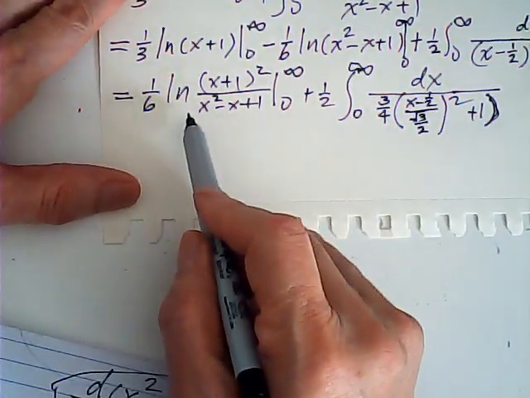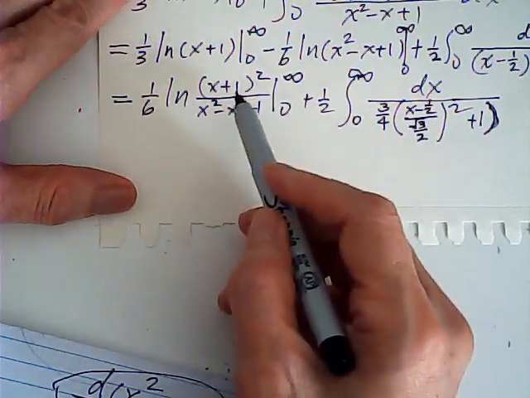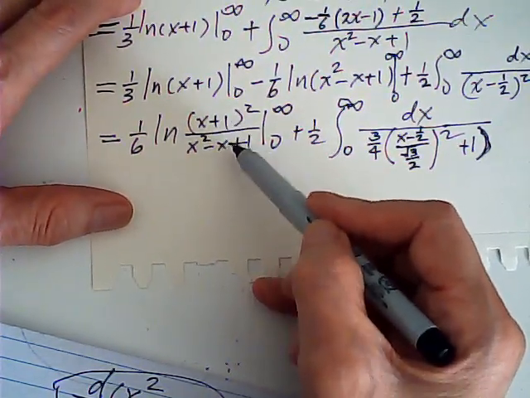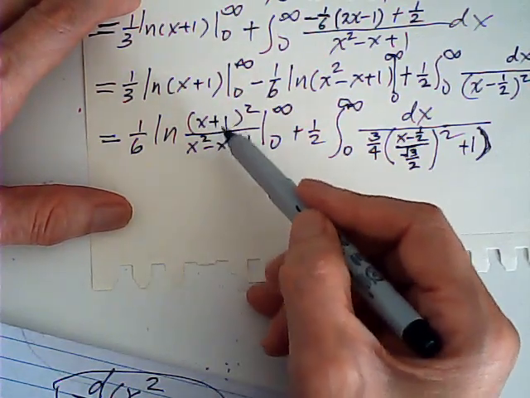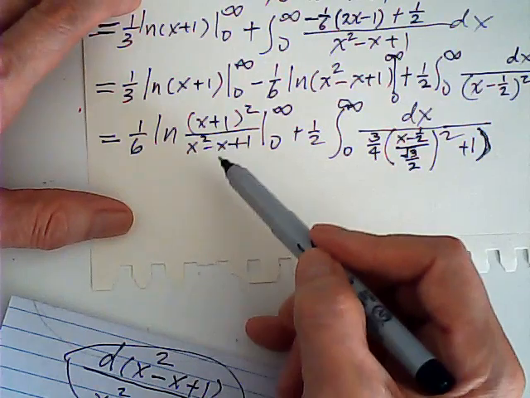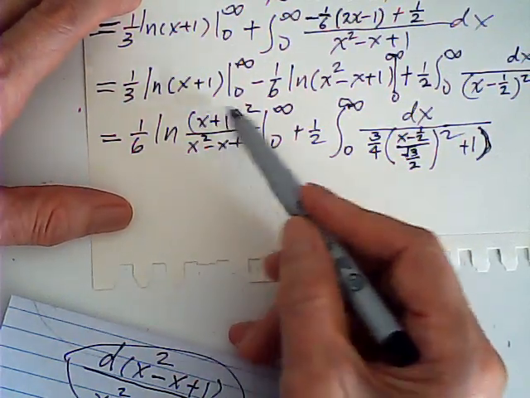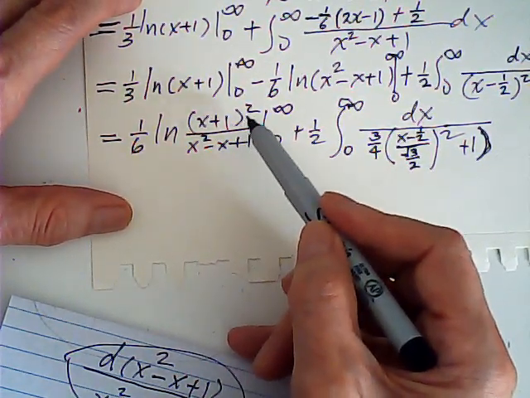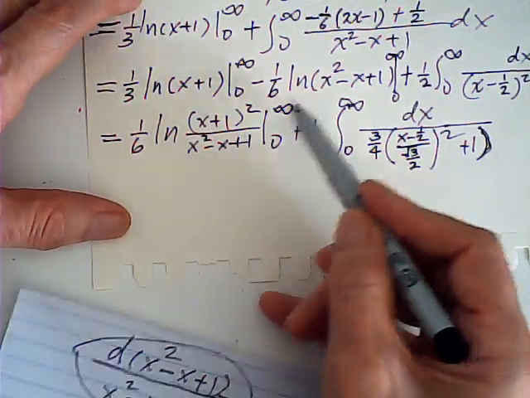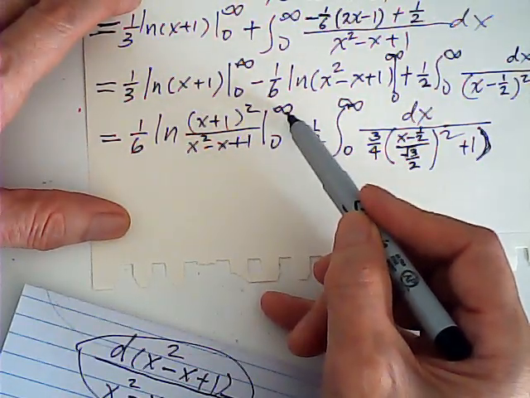Now this one, when you take the limit, because the numerator and denominator are both second degree polynomials with the same leading coefficient, this limit is 0. Now this limit is 1 when x goes to infinity, right?